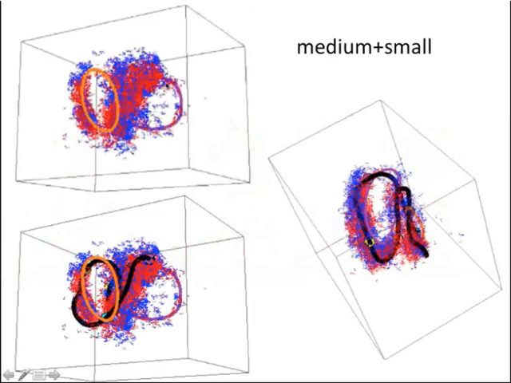Here we'll just see one rotated view of the medium plus small. So we've got our medium plus small, and then if we rotate it, we can see this purple cycle a little bit better. The orange cycle, which was very clear before, is now not so clear from this perspective, but the purple cycle is much clearer here in the medium plus small.